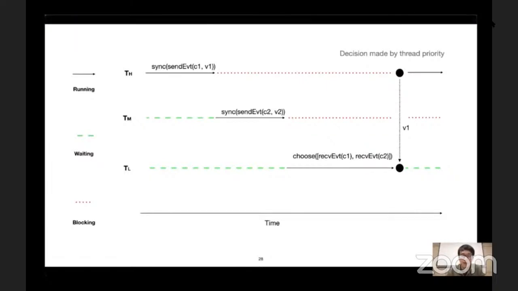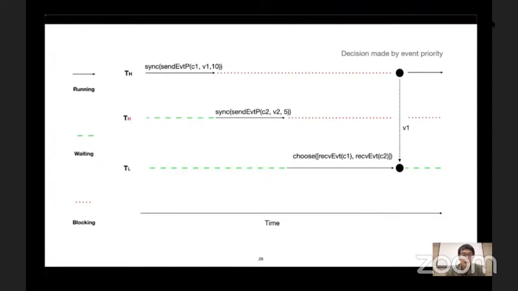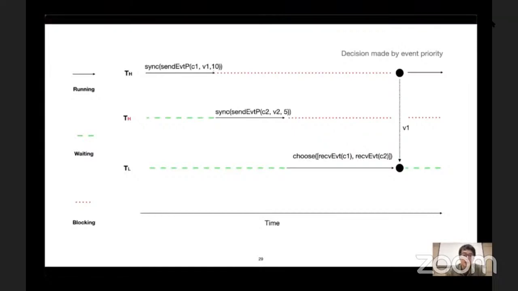And next, let's consider boosting the medium priority thread to the high priority. Now, since both threads have the same priority, we want to make the decision by event priority. We have a primitive called send evtp, and this p takes a priority. The priority is an integer, and the larger the number is, the higher the priority.